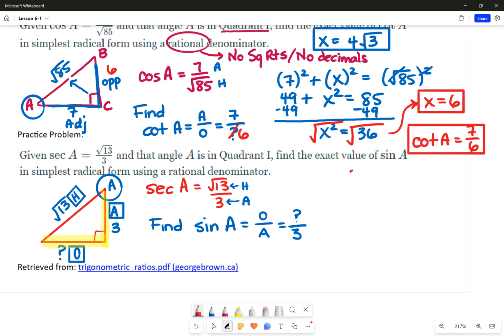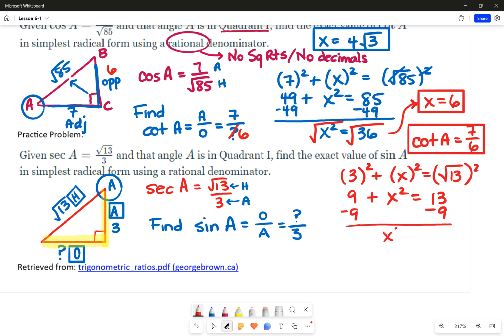So 3 squared plus the unknown squared equals square root of 13 squared. 9 plus x squared equals 13. I'm going to subtract 9 on both sides, and I'm going to get x squared equals 4. And when I square root, my x is a 2.